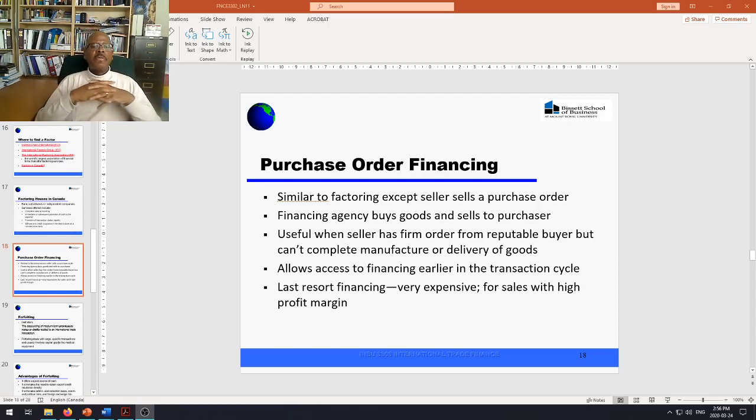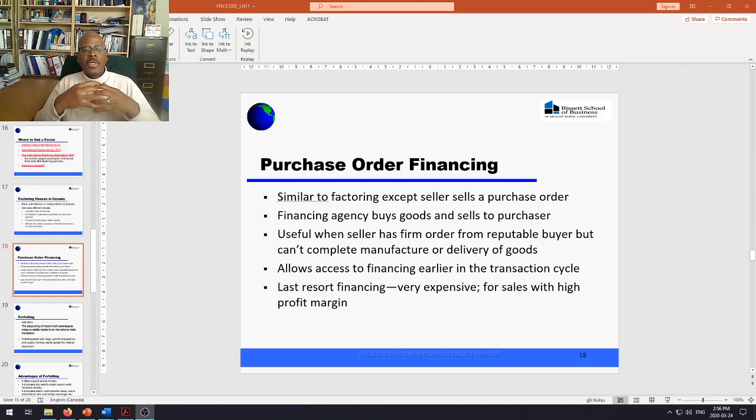So purchase order financing is useful. A seller, for instance, has an order to manufacture goods and send over to an importer, but the seller may be having trouble obtaining the financing to do the manufacturing.